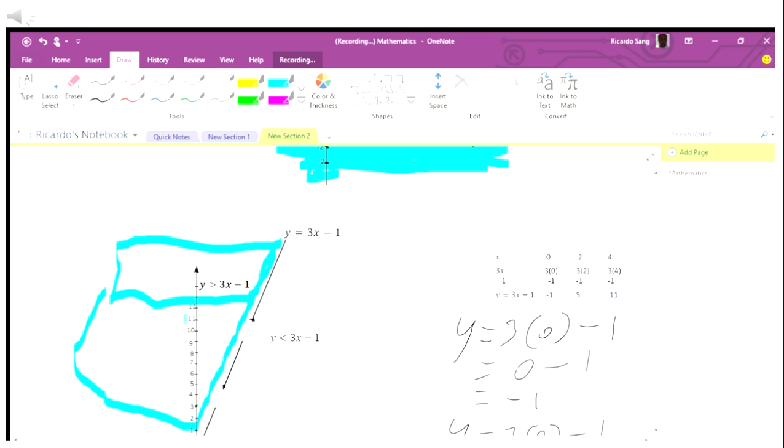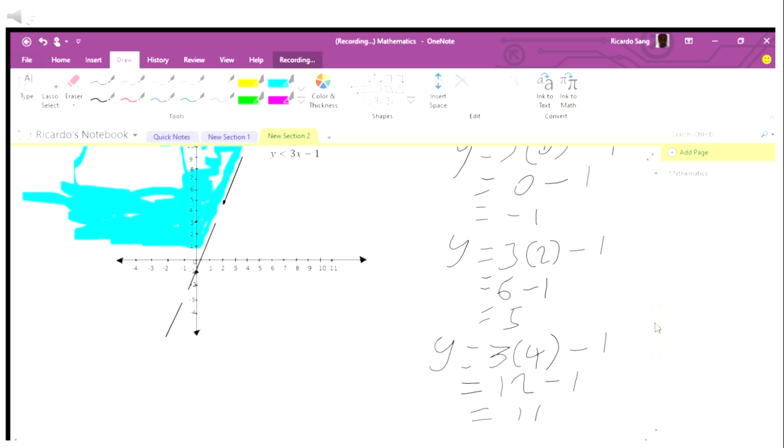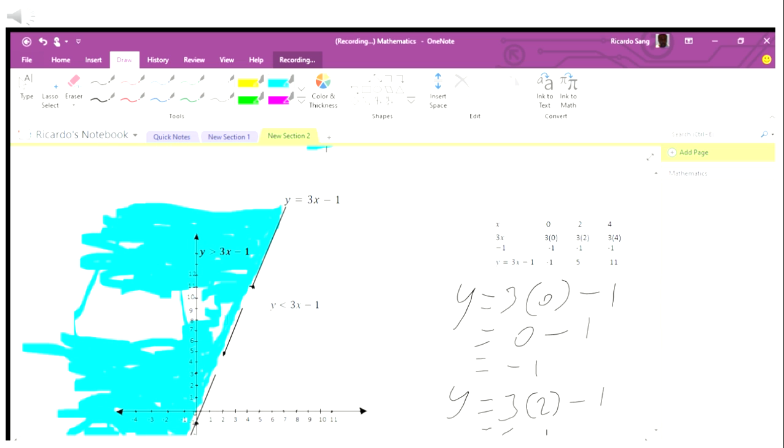So this region is the region in question. Alright, you know, shade all the way, but you get the picture.